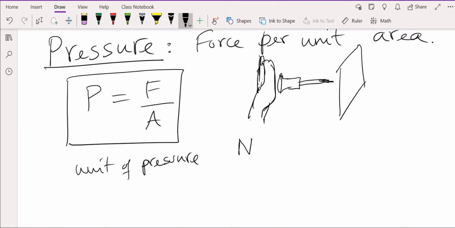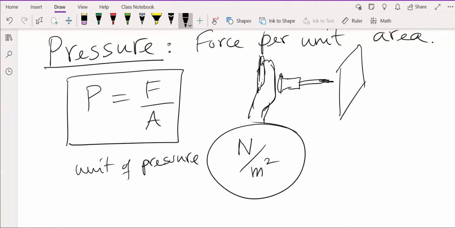What's the unit of area? Area of something. Meter times meter. Meter square. Got it? Just think about it always. Meter times meter. Meter square. That's area. So Newton per meter square. That is the SI unit.